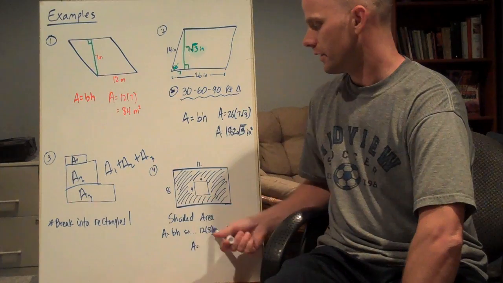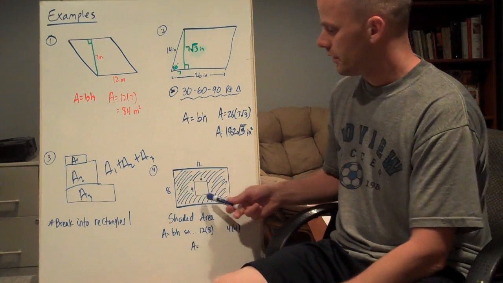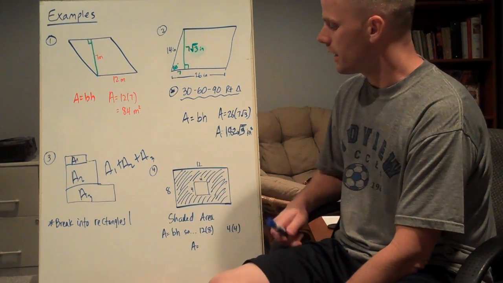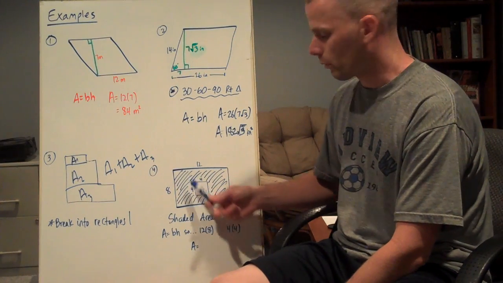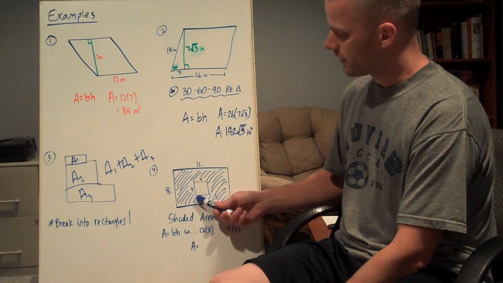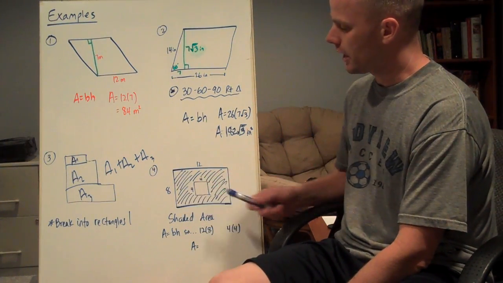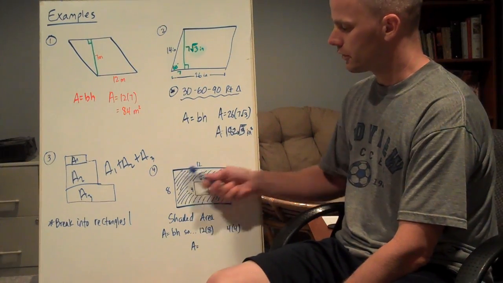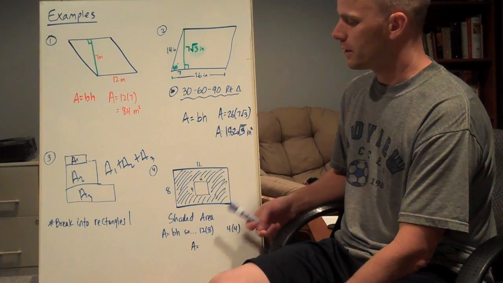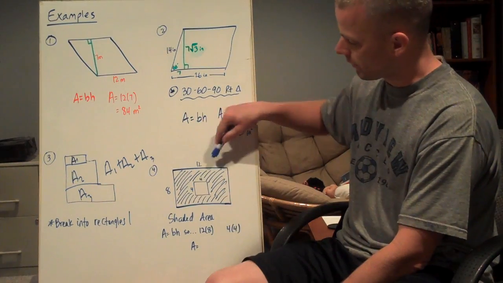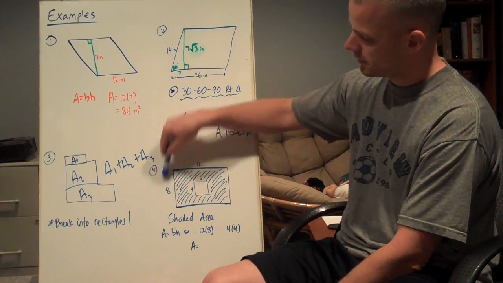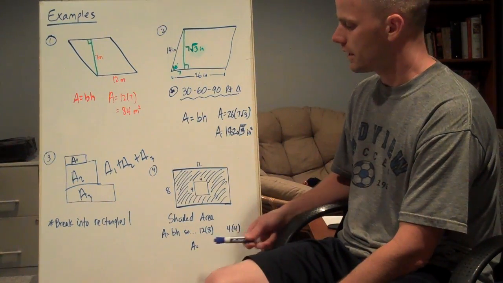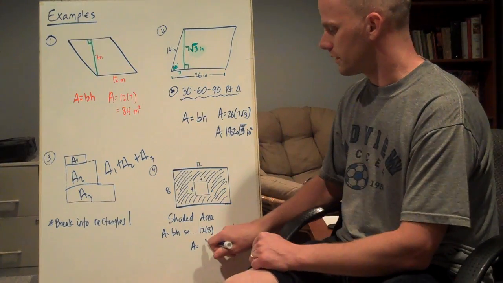Something else you'll notice, area of a shaded region. Here I've got a rectangle that's 12 by 8. Inside I've got a square that's 4 by 4. Everything outside the square but inside the rectangle is shaded. I want to find the area of just the shaded part. Your best bet is to take the area of the rectangle, base times height, which is 12 times 8, and that'll be 96.